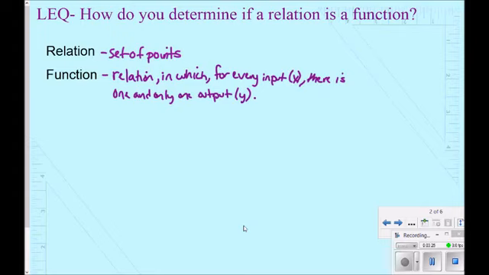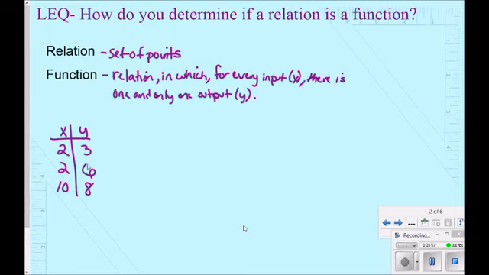So we first looked at some examples with just points. I'm just going to give a table there with x and y. Such as this one. So I'm trying to determine, is this just a relation or is this also a function? If I check the definition, for every x, 2, I should have one and only one y that goes with 2.